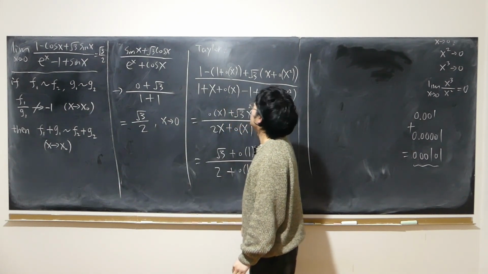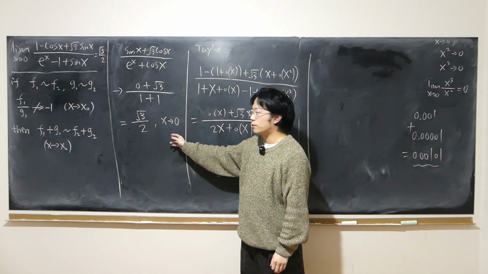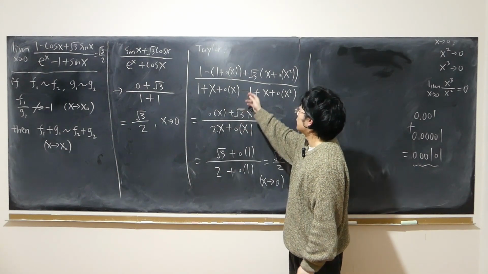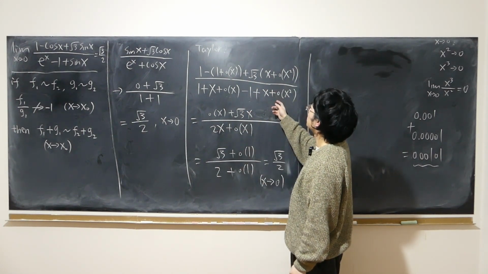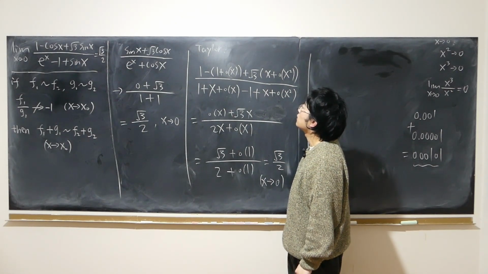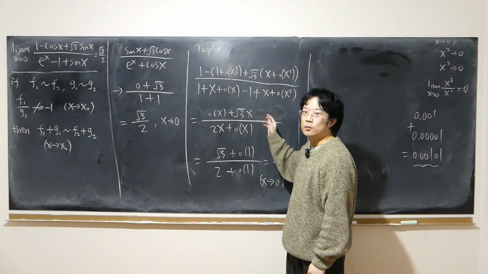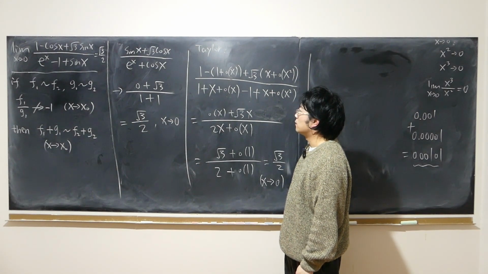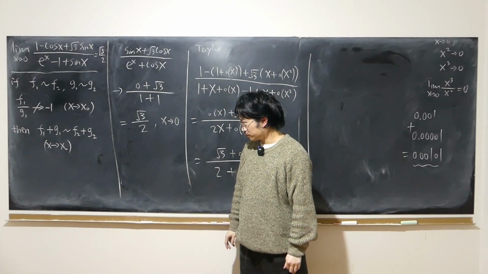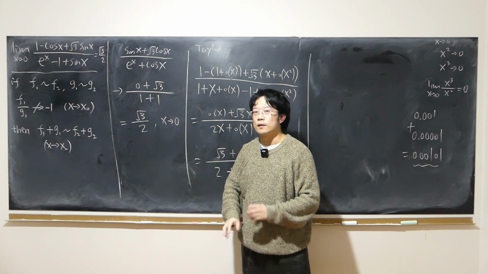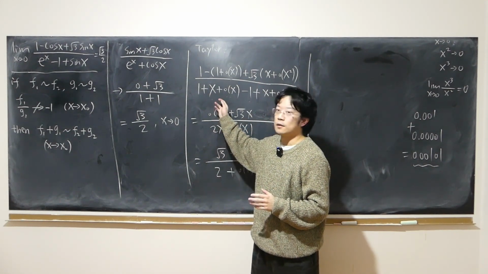And any limit problem that can be solved by using L'Hopital's rule can definitely be solved by using Taylor expansion with Peano remainder, little o. So in the end, Taylor expansion is perhaps the ultimate weapon. Basically, in one variable calculus, any limit problem that can be solved by any other means can definitely be solved by using Taylor expansion.